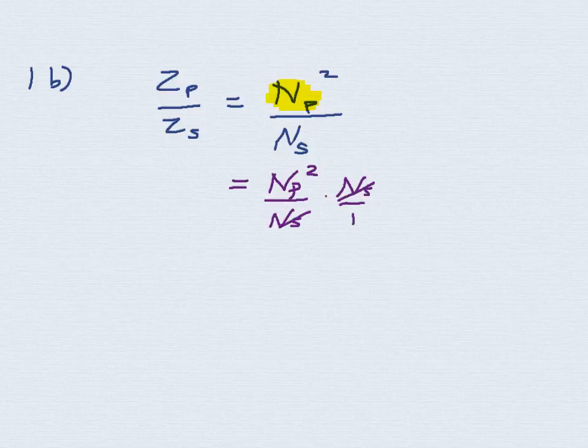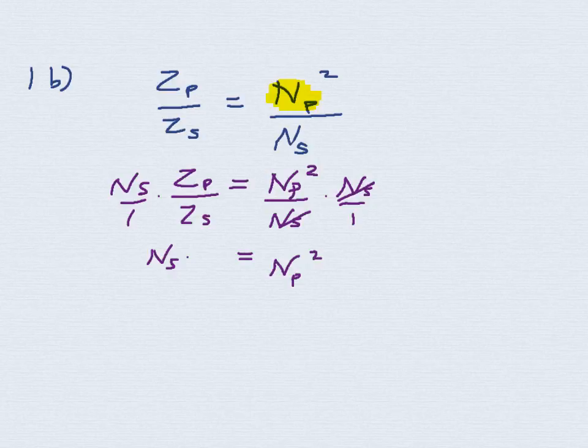Do the same thing to both sides, then you've changed nothing with the value of the question, except for the format. So the multiply by NS is going to go on the top, on the left. When you write down what's left, you have NP squared, you have NS times ZP all over ZS.